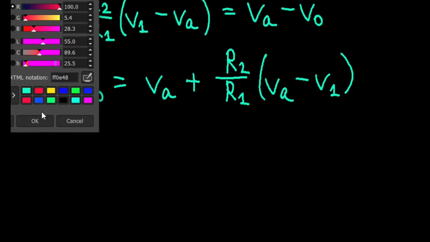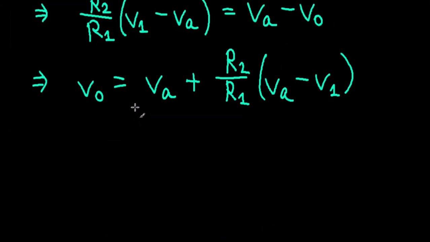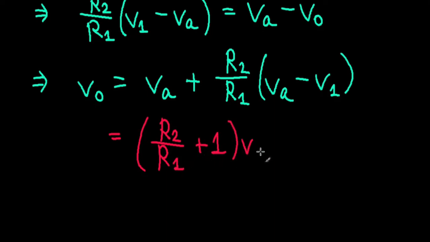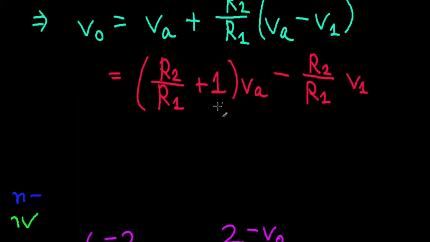All right, let's simplify this a bit. What we have here is R2 by R1 plus 1 times V sub A minus R2 by R1 times V1. For convenience's sake, and we'll see later it does make the formula easier, let's factor out an R2 by R1.